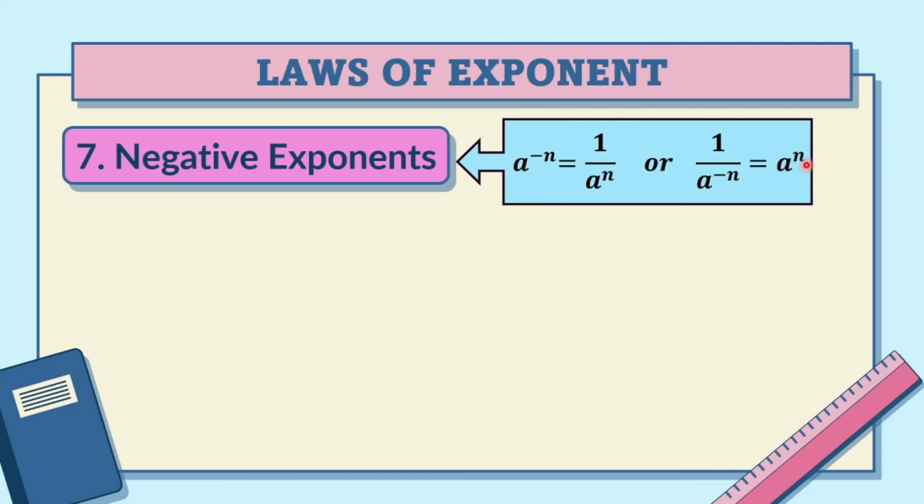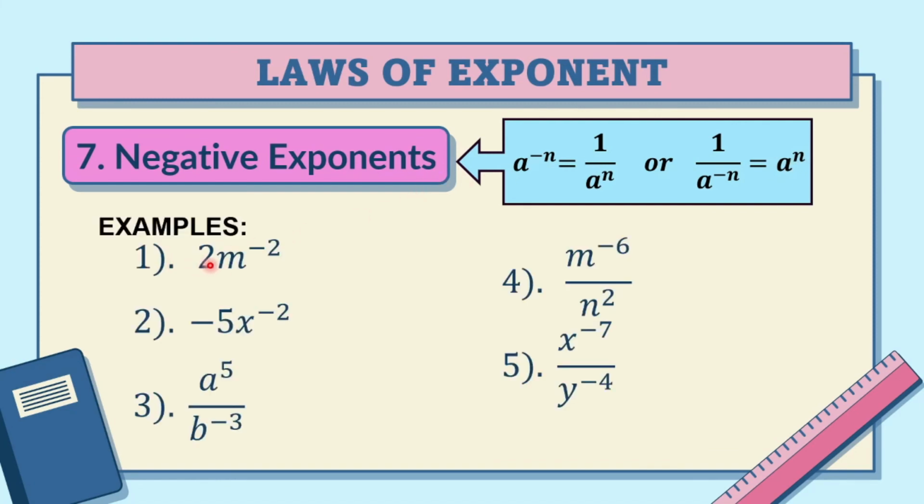Okay, so parang baliktad. Okay, so number 1 example, we have 2m raised to negative 2. Okay, so paano yan? Merong kasama yung ating base na may negative exponent. Ang mangyayari lang dyan, iiwan lang yung walang negative. Okay, so ang pwedeng tumaas o bumaba sa numerator at denominator ay yung may negative exponent lang.